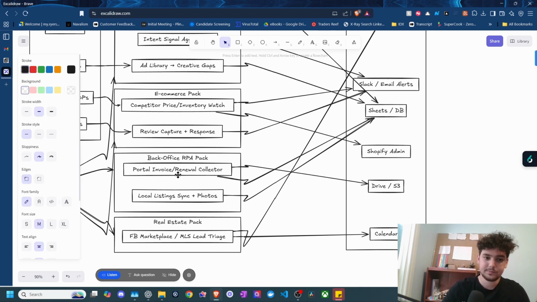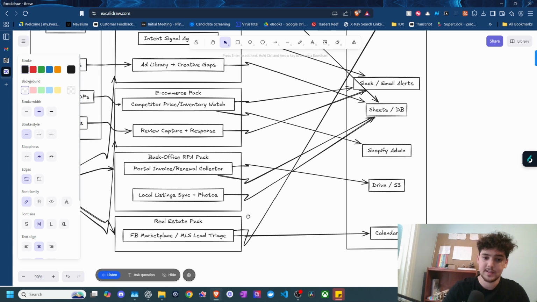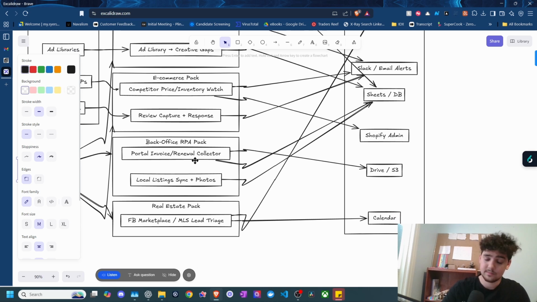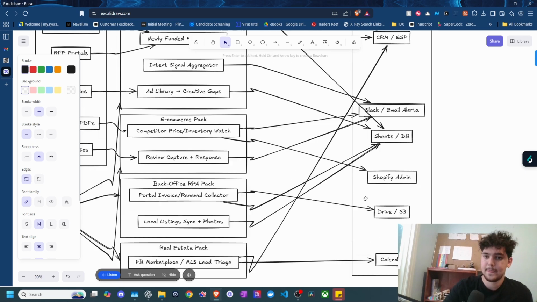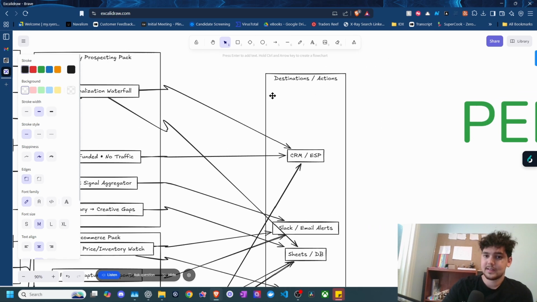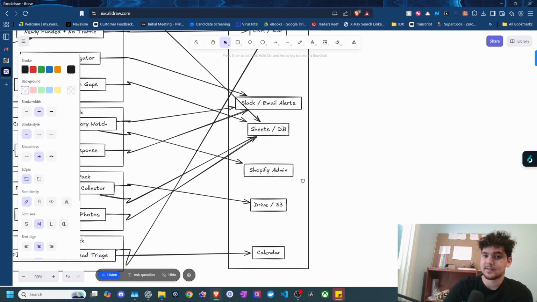Over here, actually figuring out the operational side of things, there's invoicing, there's local listings, there's Facebook Marketplace, which is famous for being able to repost listings. And then from there, being able to triage that into a calendar is really important. As you can see, this endpoint here is a destination piece, the source of truth which we actually go and access.